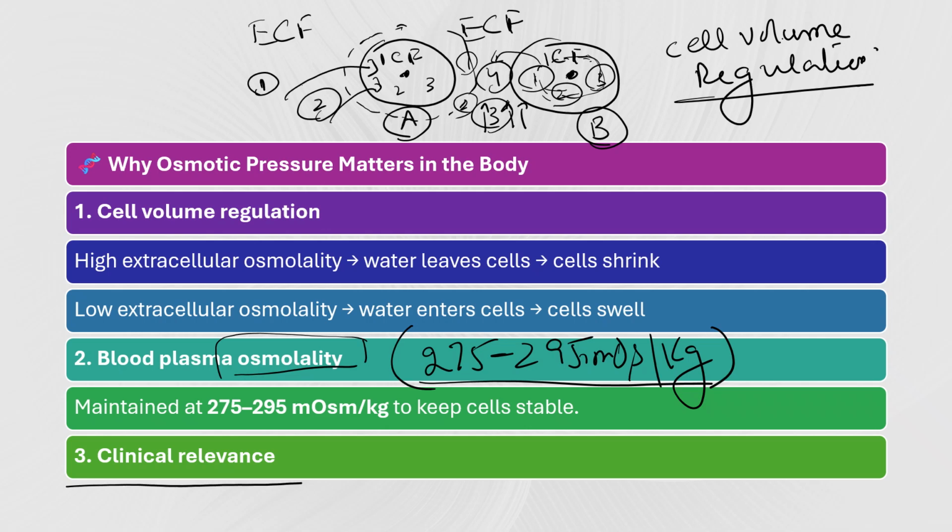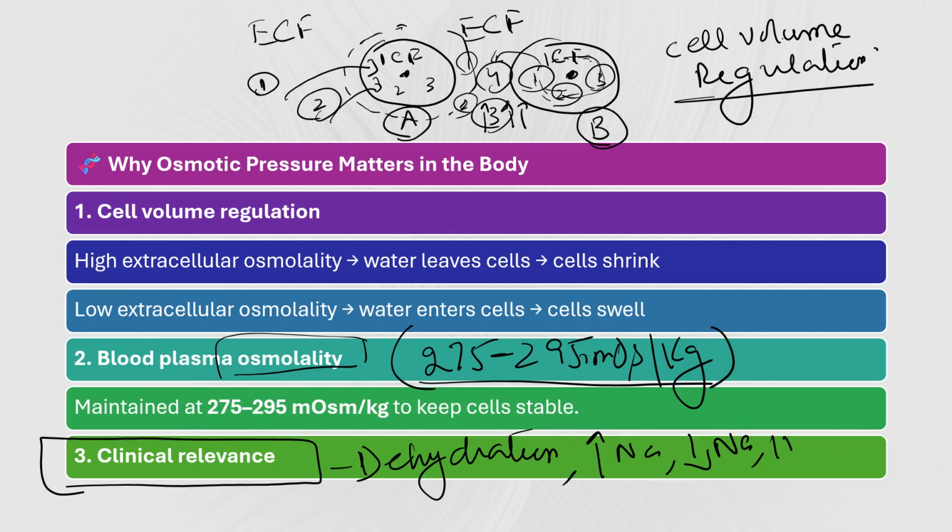Now, what is the clinical importance of this? It will play a role in dehydration, high sodium, low sodium, when you give IV fluid, and in cerebral edema. So that's how it is clinically relevant.